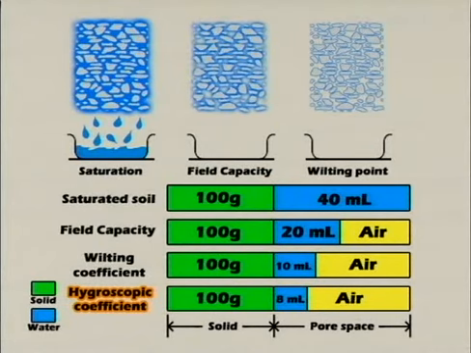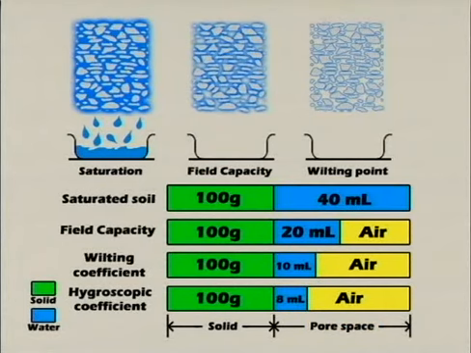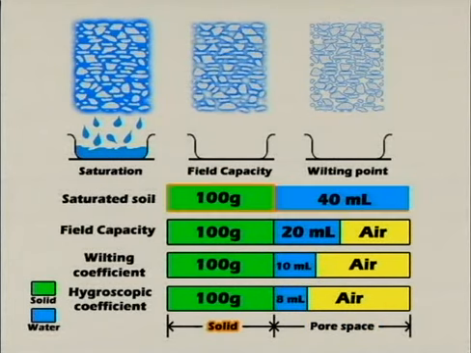Now, under normal circumstances, in most soils, we have about 50% of the soil volume occupied by solids, and this is on a weight basis here, so it's not really representative. But about 50% of the soil volume is occupied by solids, and about 50% is occupied by pore space. And if we look at the length of this bar, that's pretty well represented here, about 50% solids, 50% pore space.